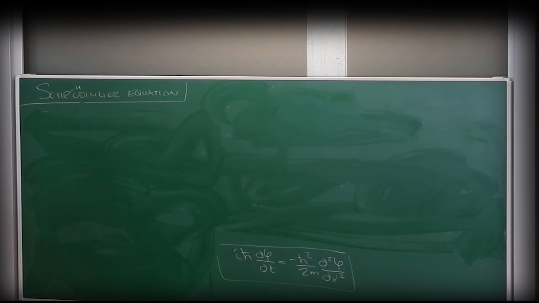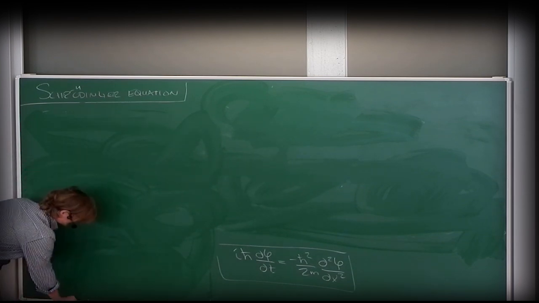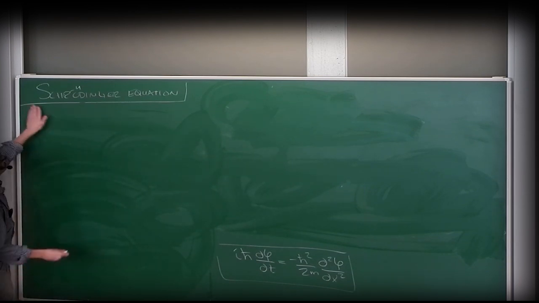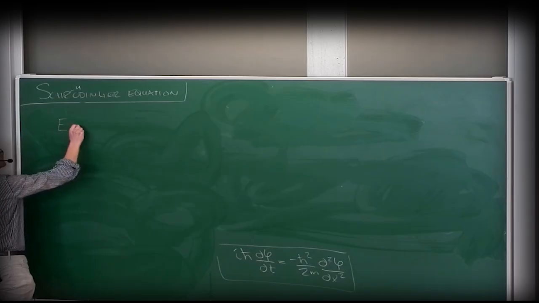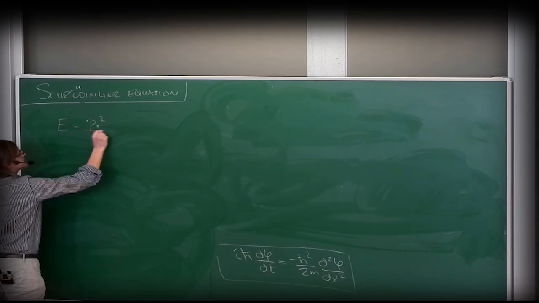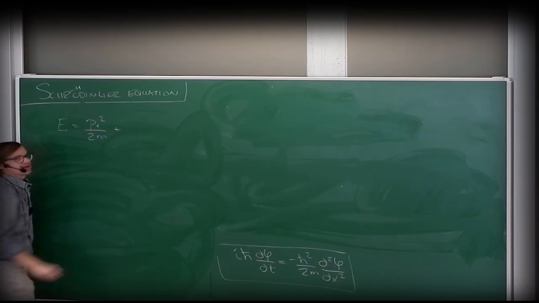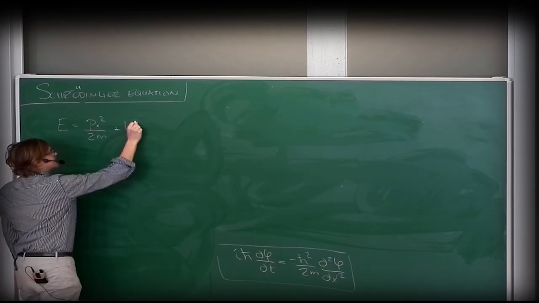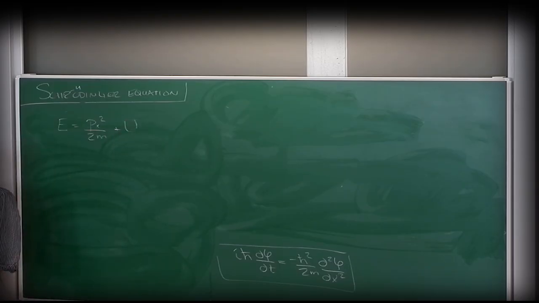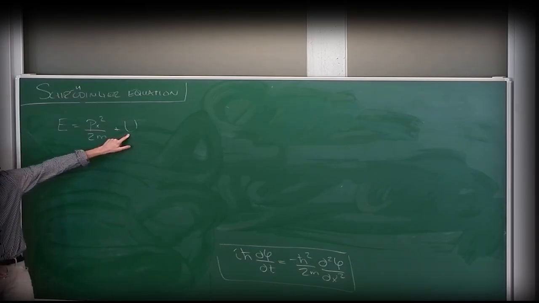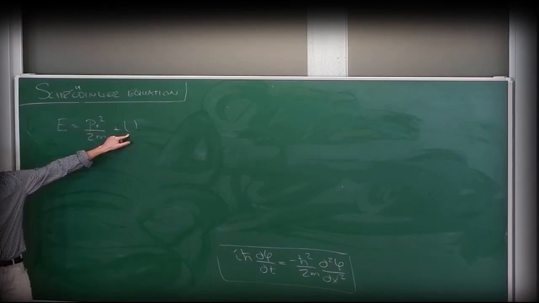Okay? That is, in a situation where the total energy is not just px squared divided by 2m, but px squared over 2m plus a potential. Now for us today, this potential is only going to be a function of essentially the radius. It's going to be the Coulomb force, right?